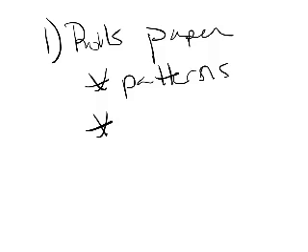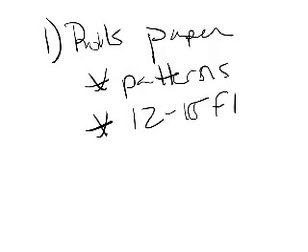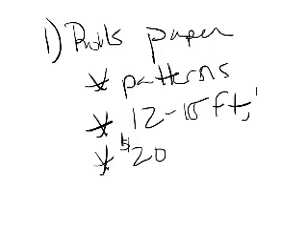They're generally about 12 to 15 feet in length, and you can roll them up when you're done. And they generally cost about $20 per roll. I think most of them are about 48 inches wide, roughly. And they're on a roll.